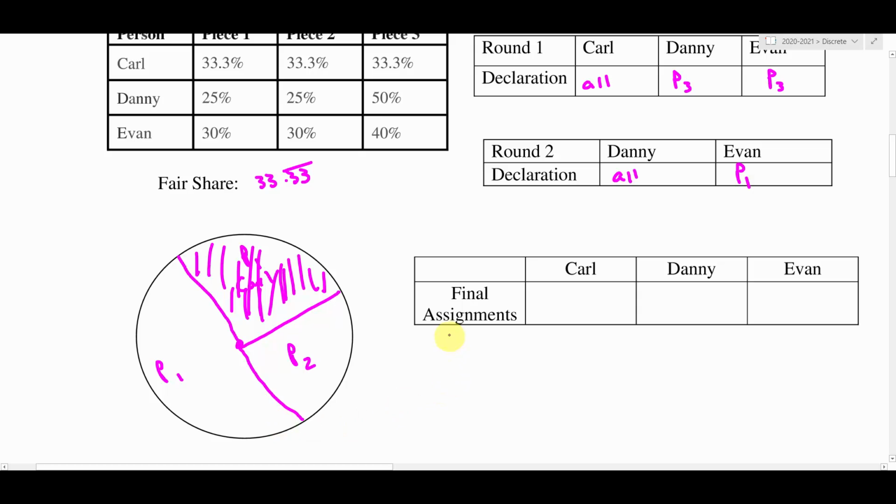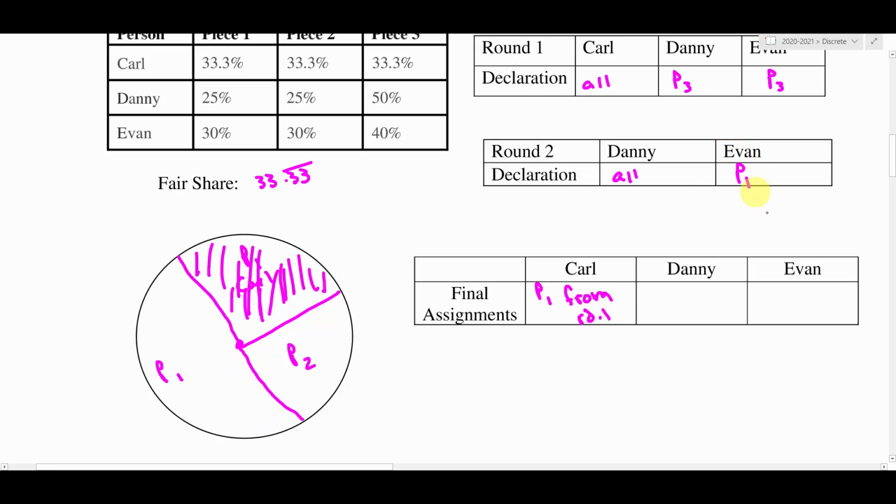All right, so when we go to talk about the final assignments, remember Carl got piece 1 from round 1. And I'm going to stipulate which round the piece came from because piece 1 and piece 2, piece 1 is not the same from round 1 as it was in round 2.